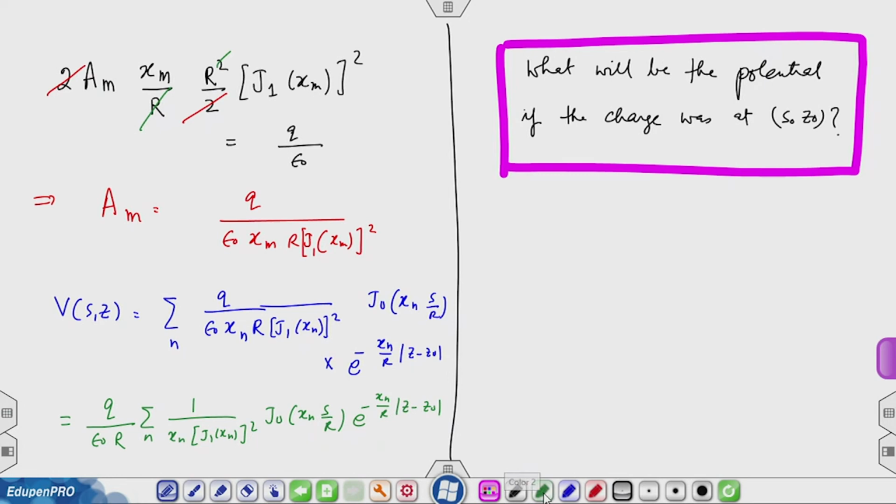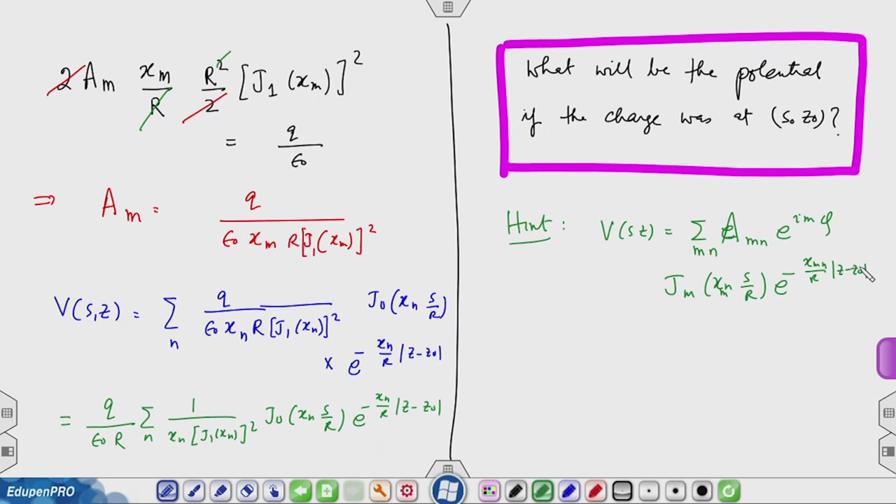Hint is that in this case there is no more a cylindrical symmetry, and therefore the potential V(s, phi, z) will be of the form summation m n A_mn e raised to i m phi J_m(x_mn s over r) e raised to minus x_mn over r mod (z minus z0). And then you can expand and find the coefficients.